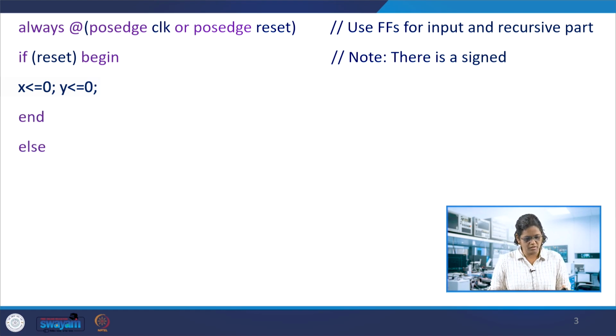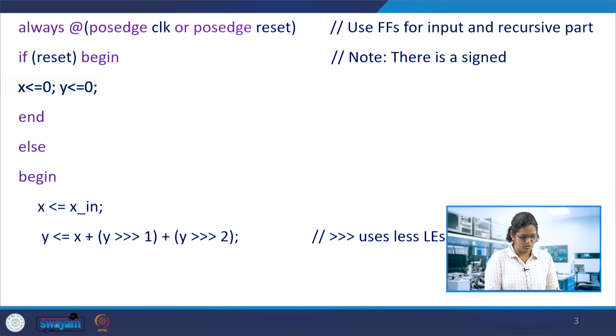Else, begin, and Xn is the input, which is applied to X, the intermediate variable here. Then Y less than or equal to X plus X right shift by 1 plus Y right shift by 2.